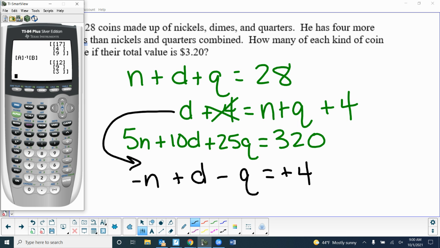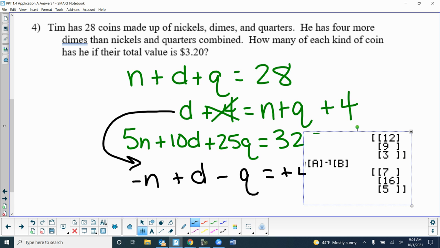And then get out of there and go take care of my B matrix. And my top number was 28. And then my middle one was the 320. And then my bottom one was the 4. Just be consistent. Second enter, right? So 7, 16, and 5. 7 nickels, 16 dimes, 5 quarters.